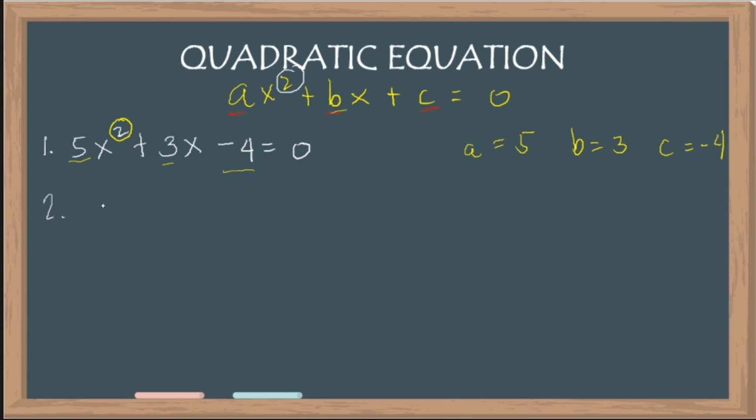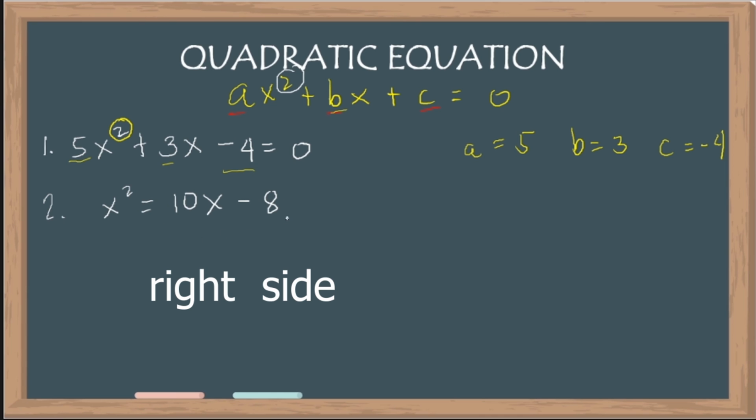Now, let's have, for example, we have another equation. Let's say x squared is equal to 10x minus 8. So, kung titingnan yung mabuti yan, quadratic equation yan, no? Kasi our exponent is 2. Pero, wala siya sa standard form na ax squared plus bx plus c equals 0 kasi meron tayong 10x minus 8 side of the equation.